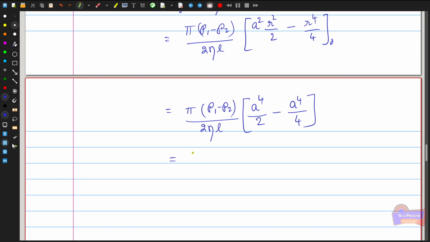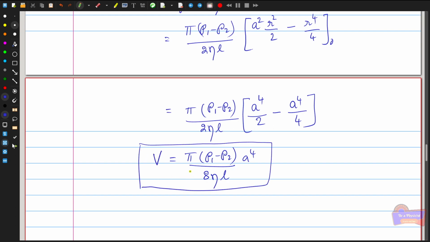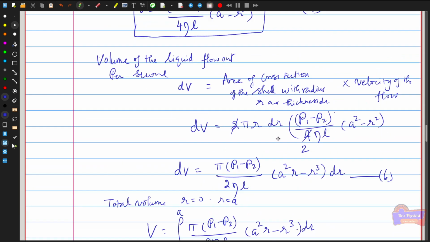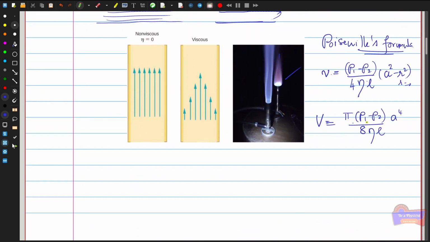I can write the final equation as pi (P1 minus P2) a power 4 divided by 8 eta L. So that is the total volume of the liquid which is flowing per second through the capillary tube, which we have already said in the previous case.